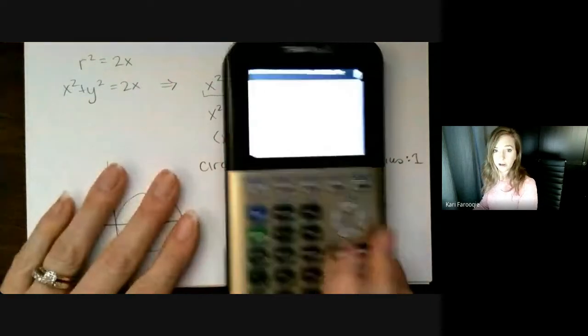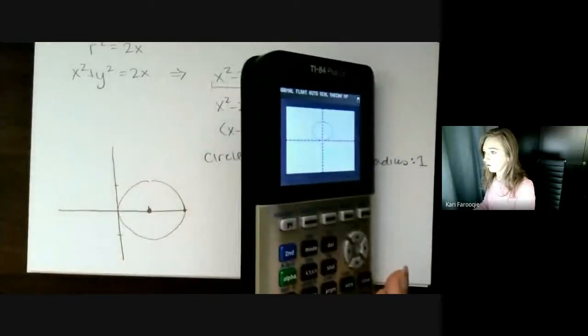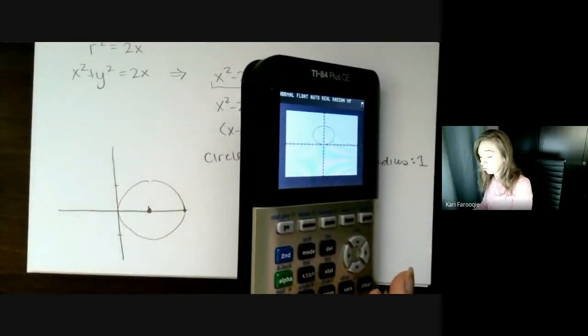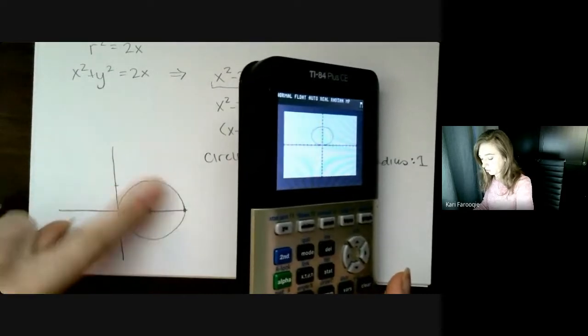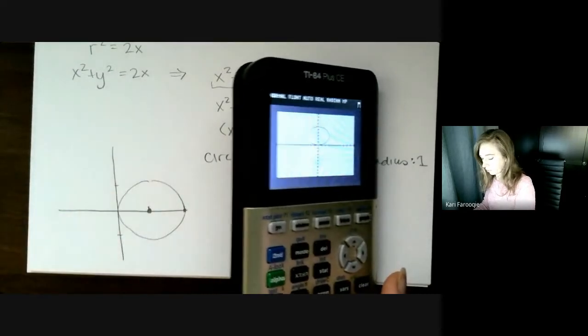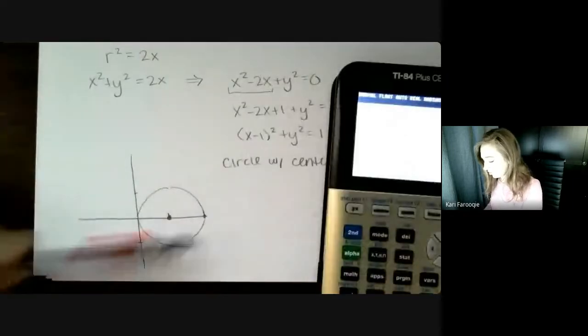So our graph is cosine theta. What I was saying was, let's see what happens if we only graph this from 0 to pi over 2. When we do that, think about what's going to happen.